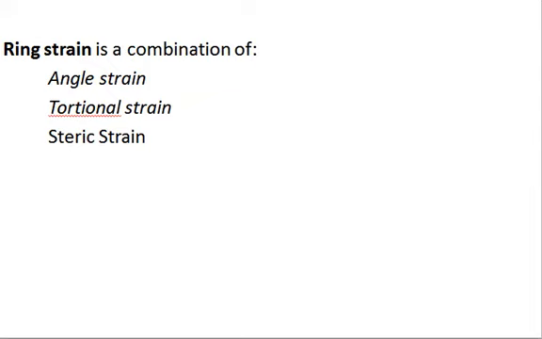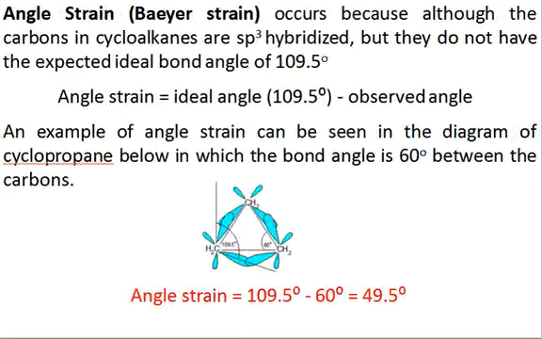So let's consider first the angle strain. What do we mean by the angle strain? Angle strain is also known as Bayer strain. Angle strain occurs because although all of the carbons in cycloalkanes are sp3 hybridized, they do not have the expected ideal angle of 109.5.